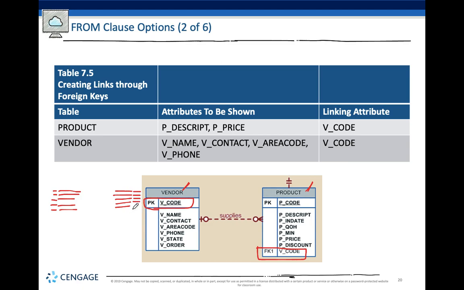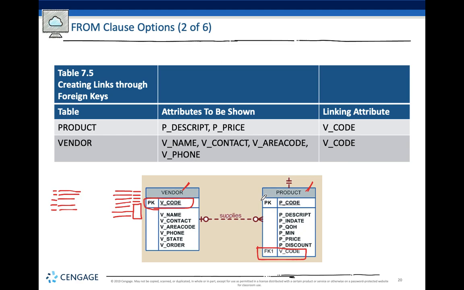Right? Now, there might be products that have no vendor codes. Vendor code is null. Why is that okay? Because as you can see here, the cardinality here is that vendor can supply 0 to many products, right? And a product can be supplied by 0 to one and only one vendor.